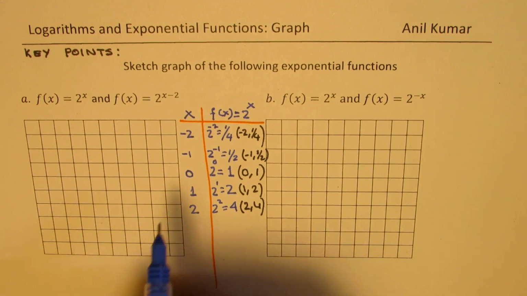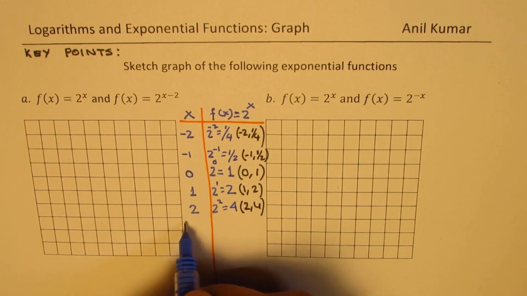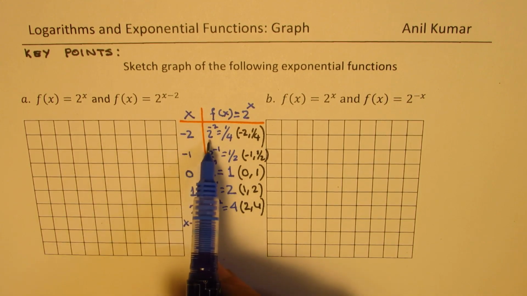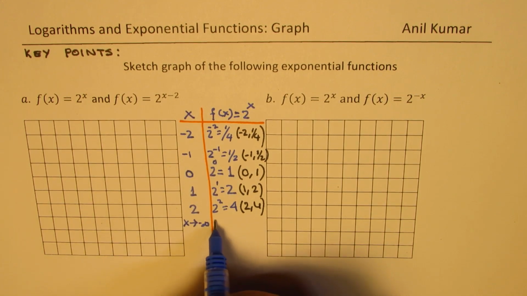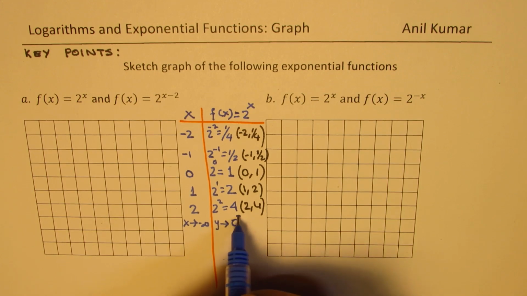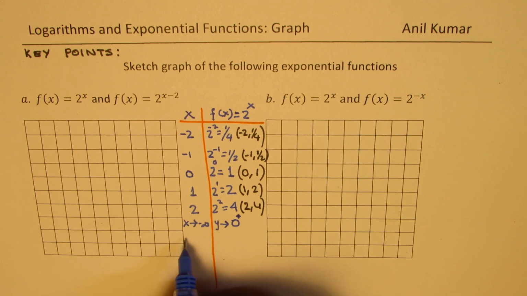Now another key feature is what happens when x is approaching negative infinity. If that happens, we are dividing by a very large number, and therefore y also approaches a very small value, which is almost 0. Since we are approaching from the positive side, I'm writing this positive number here. Now what happens if I have a very large x value?